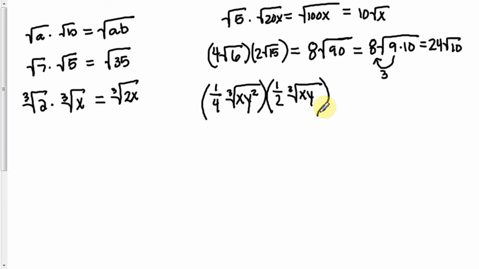Again, we're going to do the outside numbers times each other. 1/4 times 1/2 is 1/8, because you do numerator times numerator, denominator times denominator. Then they're both under cube roots, so it's the cube root of, ignore this 3 right here, that's with the problem above it, x times x is x squared. And y times y is y to the 3rd.